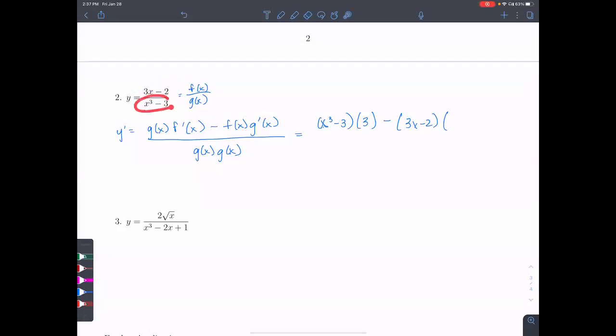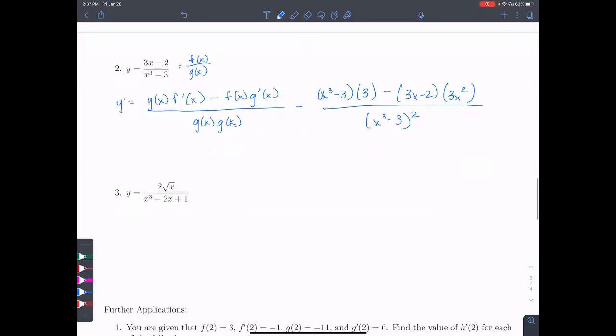The bottom you have here, that 3 would go down front, reduce it by 1, so you have 3x squared minus 0, over the denominator squared, so x cubed minus 3 squared. Okay, so low d high minus high d low over low low, or g times f prime minus f times g prime over g times g.